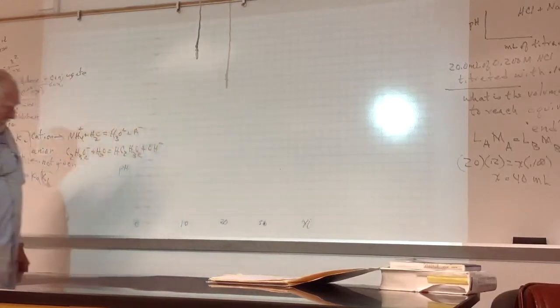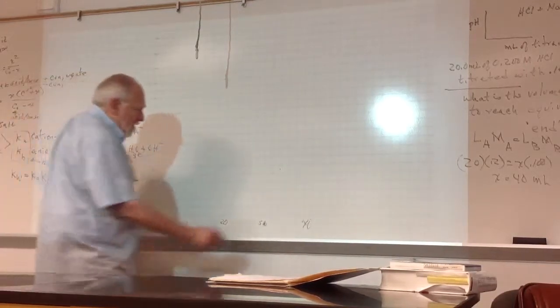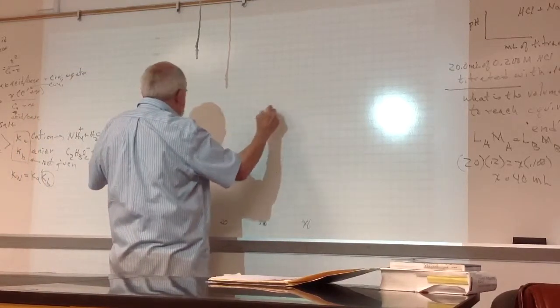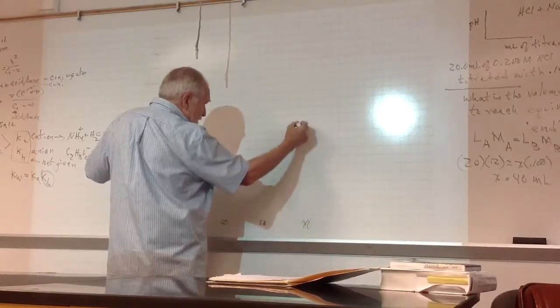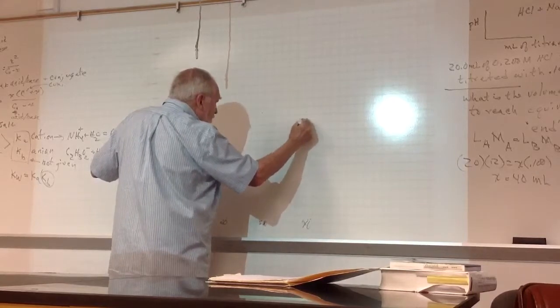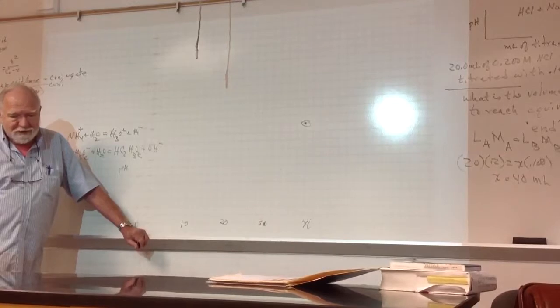There, got my points marked off. So at 40 milliliters, I know my pH up here is going to be 7. Because that's one of the reasons you like to know where the equivalence point is.